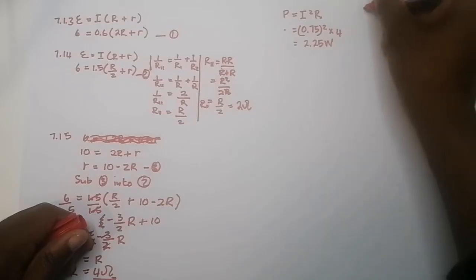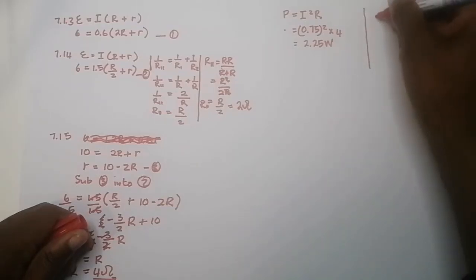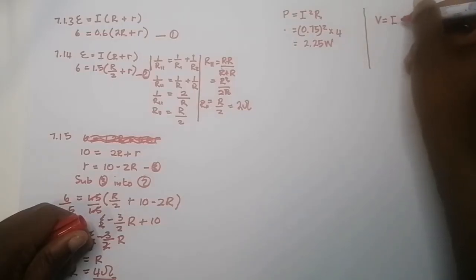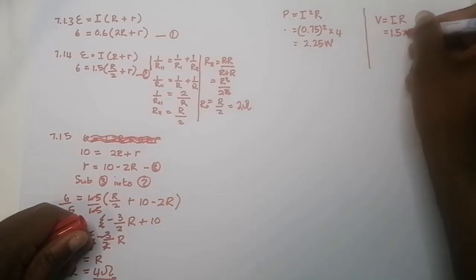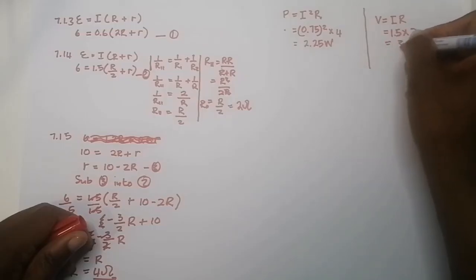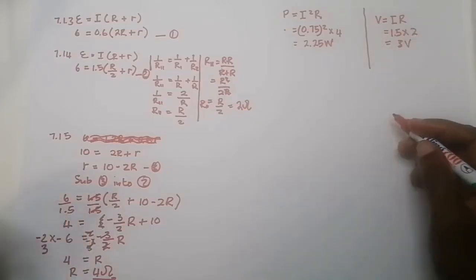So this would be the effective parallel resistance. What you could have done is find the voltage. The external voltage is equal to I multiplied by R. Our current was 1.5, our total resistance was 2, so that gives us a voltage of 3 volts. You see why I was saying that would not be the same as the EMF.